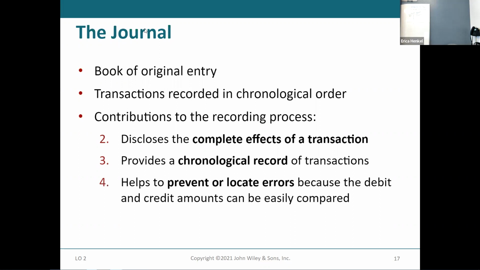What's another problem just from a human standpoint? It's handwritten, right? And therefore subject to what? Tampering, yeah. And also just mistakes, right? So you write your journal entries here and then you're in a hurry and you go to transfer it into your ledger and you put something in the debit column instead of the credit column.